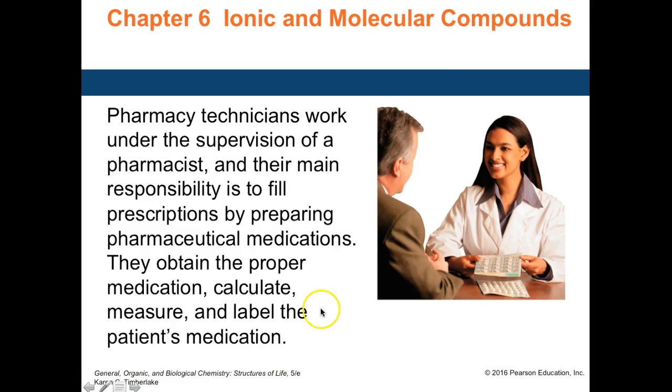Here you see a pharmacy technician working with the pharmacist, filling out a prescription. When they get a prescription, it's important to know what that medication is and what its chemical composition is, so that they can measure the dosage out correctly and make sure the patient is given proper instruction on how to take that medicine.